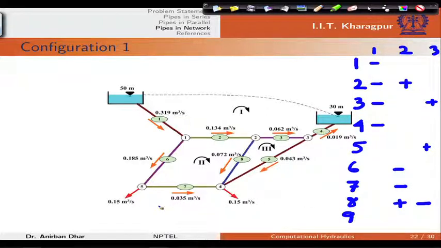We have only 8 pipes in this case. So, these are the conditions that we need to impose for individual loop specific calculations.